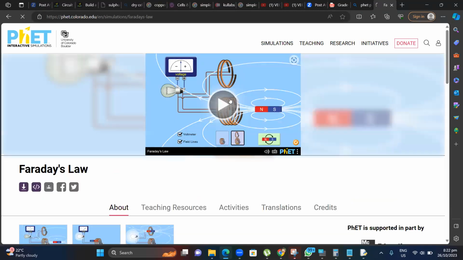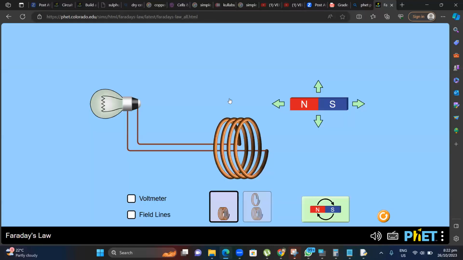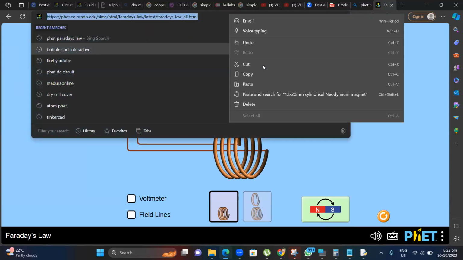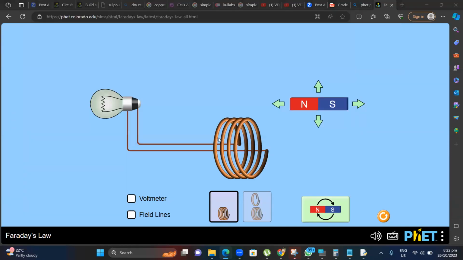Just press this, and you can see PhET interactive simulations. Okay, I'll send you the simulation link. You can also do this with me. Here's the link. Please do this with me now. Okay, I'm moving this magnet. You can see the north-south poles. I'm just moving this magnet.